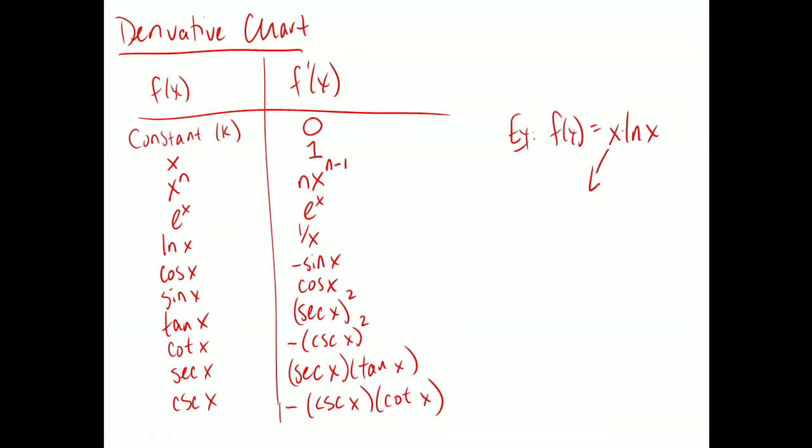Well, it's tempting to say, I know the derivative of x. That's in my chart. It's 1. And I know the derivative of ln, that's in my chart. It's 1 over x. So the derivative of x times ln of x should just be 1 times ln, 1 times 1 over x, which would just be 1 over x.